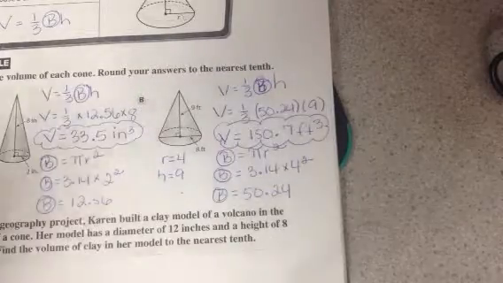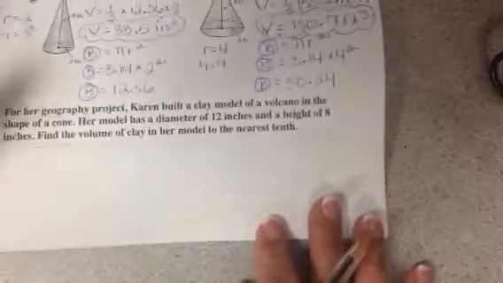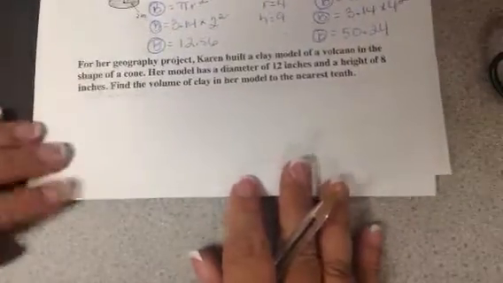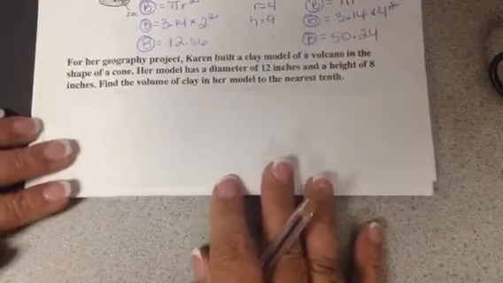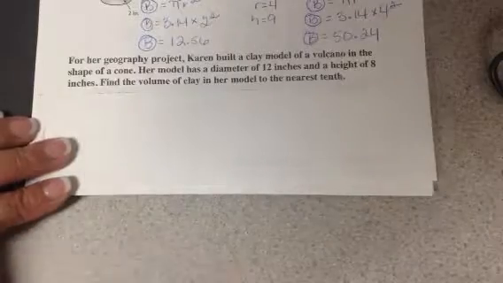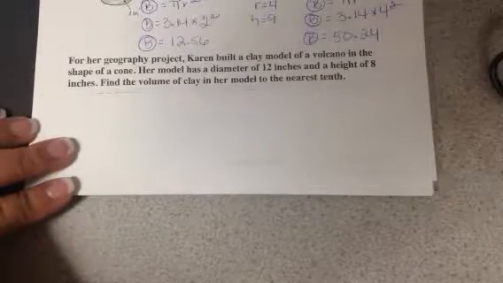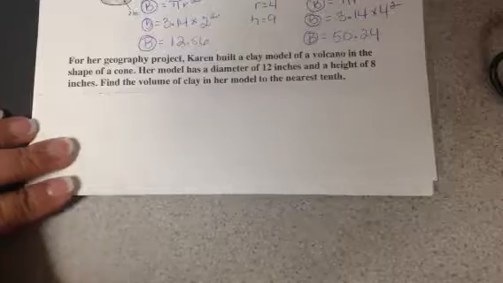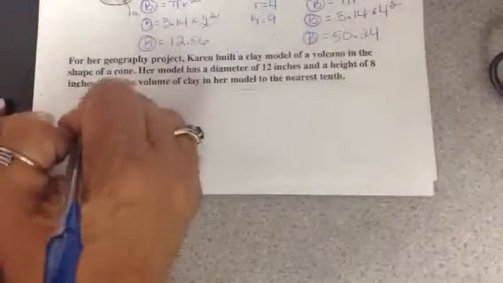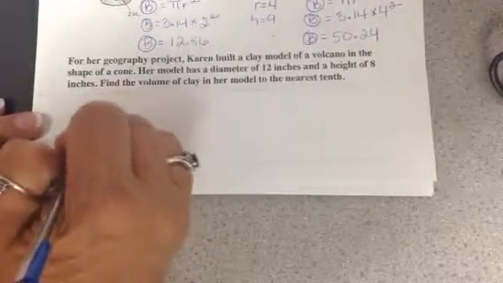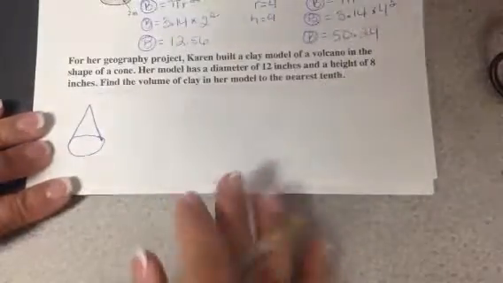And the last one that I want to try is one that is a word problem. I want to show you how you need to work out these word problems so that you don't make any mistakes. It says for her geography project, Karen built a clay model of a volcano in the shape of a cone. So the first thing we're going to do, since we know it's a cone, is we're going to come over here and we're going to draw a cone. Okay?